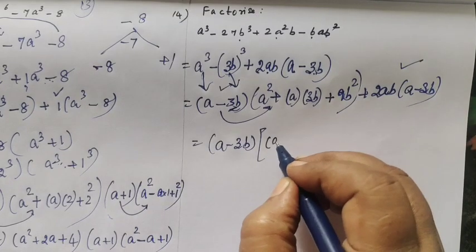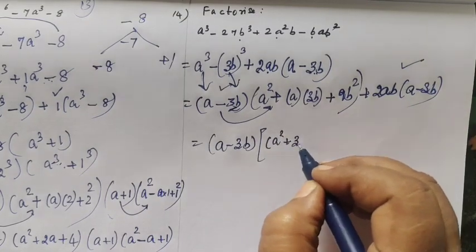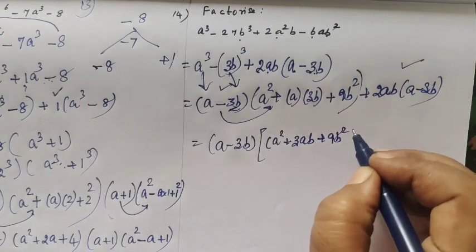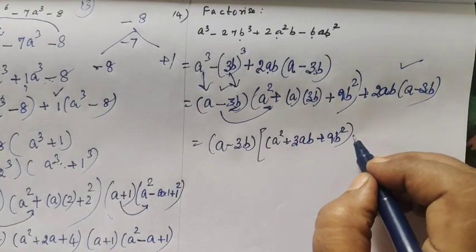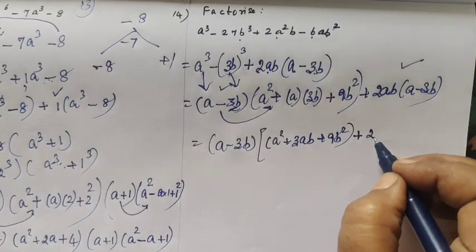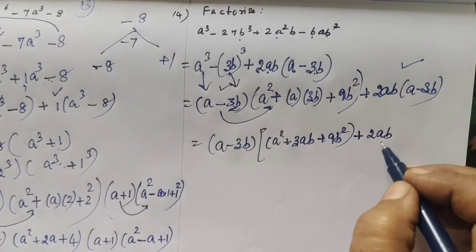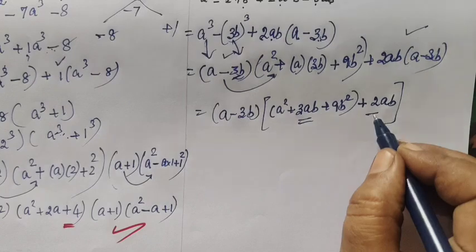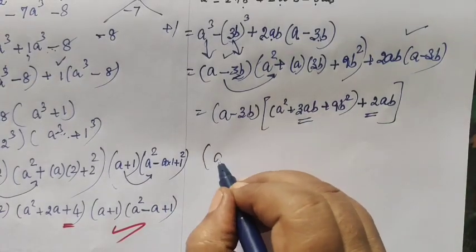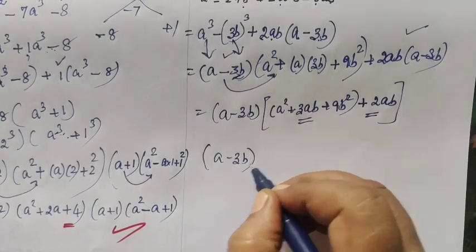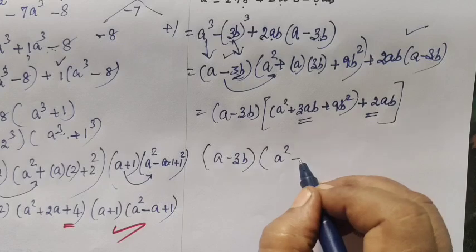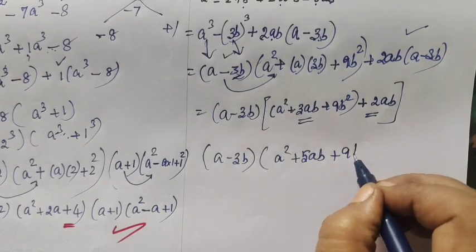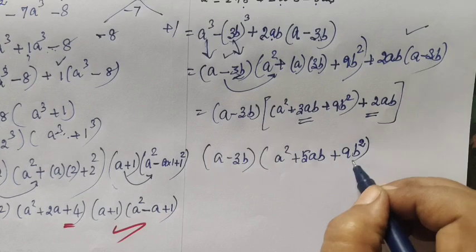So a squared plus 3ab plus 9b squared, then plus 2ab. Now you can add this and this. So a minus 3b, a squared plus 5ab plus 9b squared.